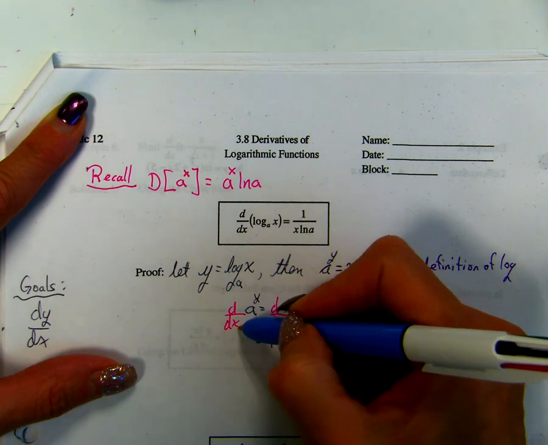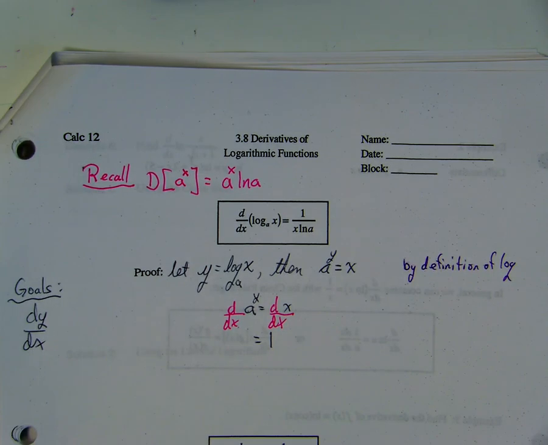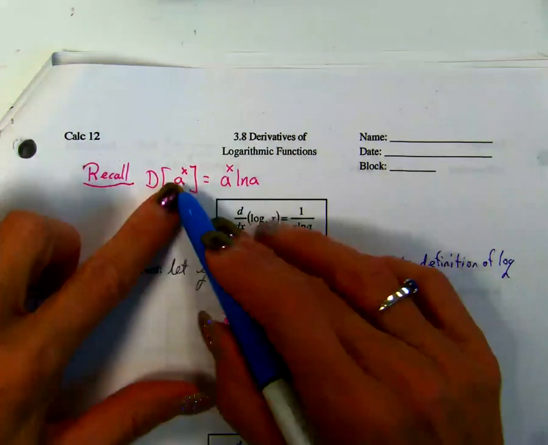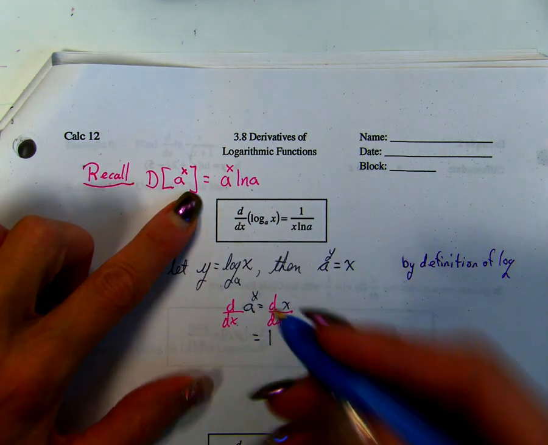What's the derivative, with respect to x, of a to the y? Well, y is a function of x, so you have a chain rule. This is implicit differentiation. The derivative, if there was an x here, would be a to that power times the ln of a.